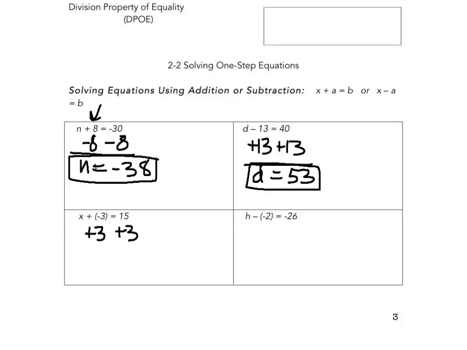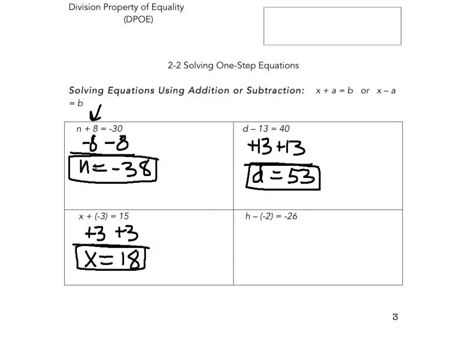If it was positive, like 3 plus x, that's still positive 3, even though we're not looking at the positive sign, or 3 minus x, 3 is still positive, so I want to subtract. Here it's negative, so I need to add. Adding 3 to both sides, negative 3 plus 3 gives me 0, leaves you with x. So 15 plus 3 gives me 18.